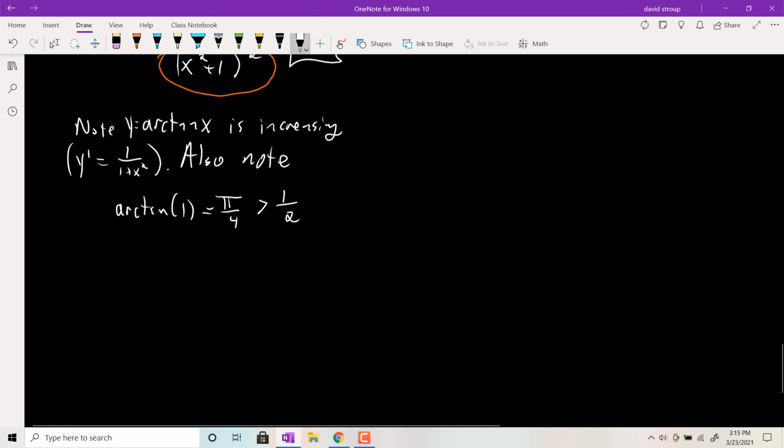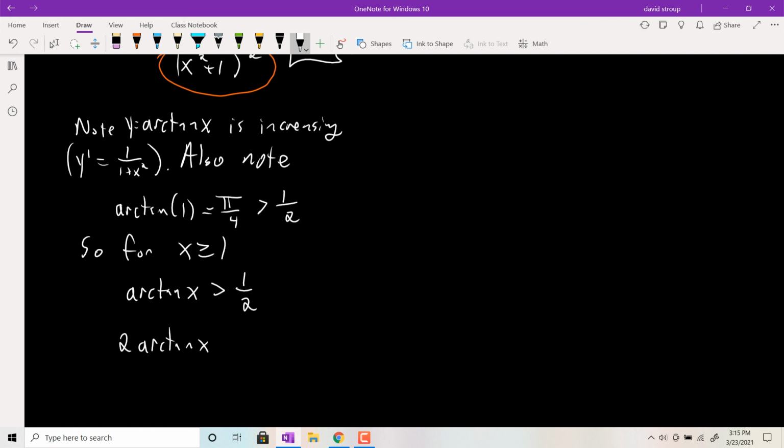So in other words, for x greater than or equal to 1, we know that arctan of x, because it's always increasing, will be greater than 1/2. And then I can do even better than that. Just multiply both sides by 2, and I get 2 arctan x is greater than 1.